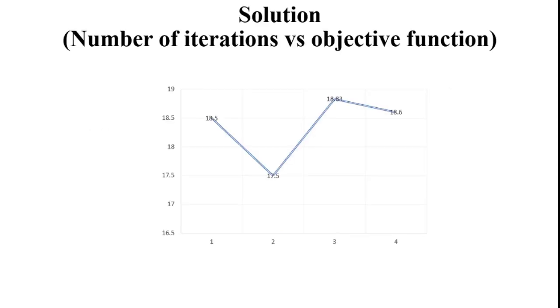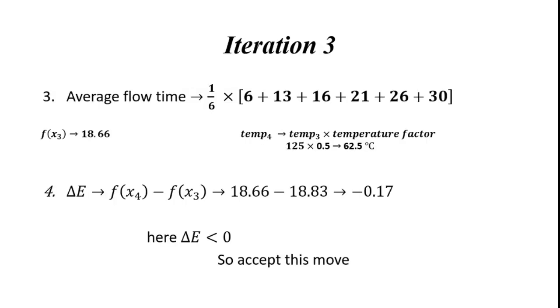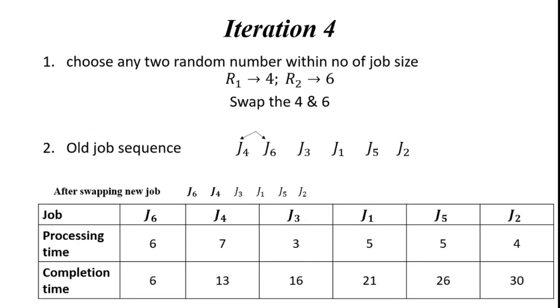From the first iteration, I got 18.5 as the completion time. Under the second iteration, the function value is 17.5. Then third 18.83, and fourth iteration 18.66. Likewise, I got the function values. From this, I can get the new job sequence, an acceptable job sequence for completing the process very well.